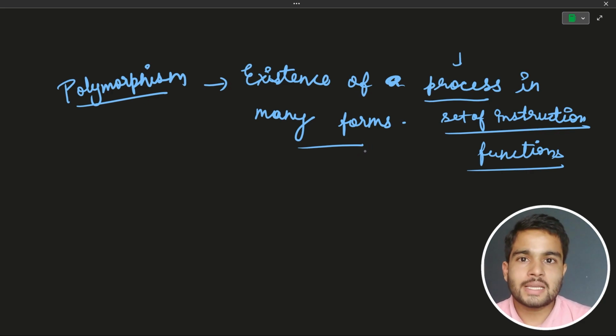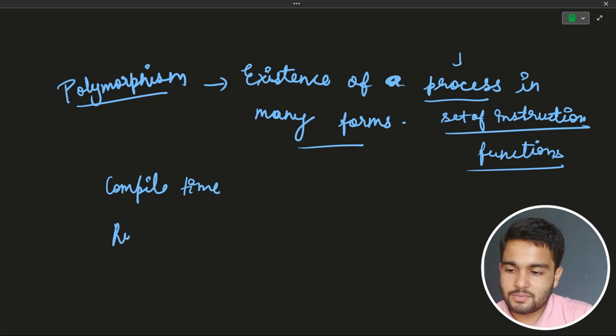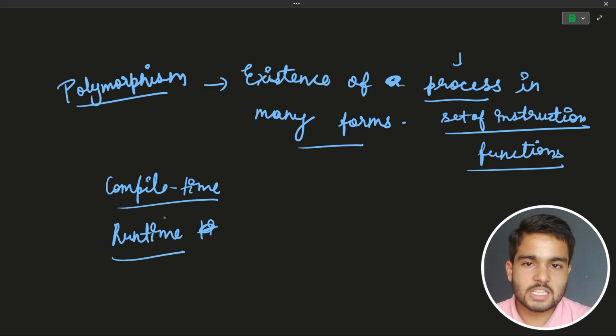Actually, in Solidity, you will definitely have a problem with how to implement it. So let me tell you that there are two types of polymorphism in Solidity: one is compile time, and another is runtime polymorphism. Now, what does this mean?